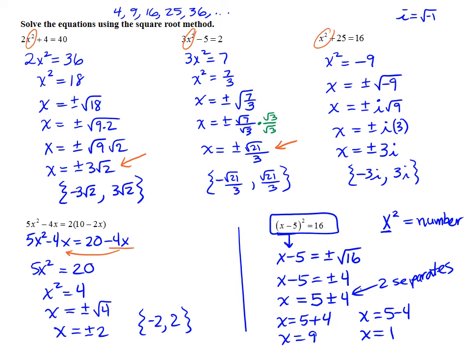Two separate calculations. So make sure you do that so that you can get correct results. And the solution set here would be 1 and 9. Again, very easy to check. If you put the 1 in, you get 1 minus 5 is negative 4. Quantity squared is 16. And 9 minus 5 is 4. 4 squared is 16. Both of them check. So that's a real quick reminder of how we work with square roots and use the square root method.